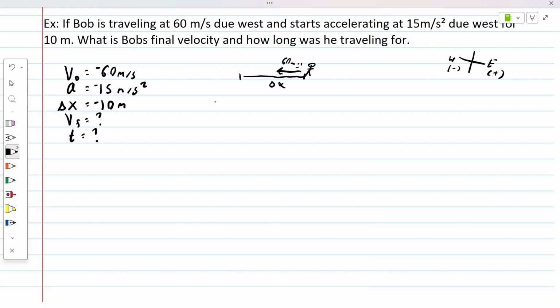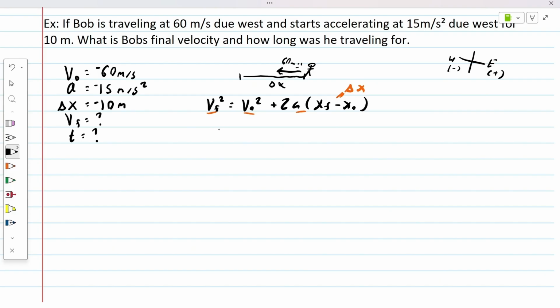So we can write this out as velocity final squared equals velocity initial squared plus 2 acceleration times x final minus x initial. But we know that this is just equal to the change in x, right? So we already have this variable, and we have all these other variables, so we just need to solve for this velocity final right there.